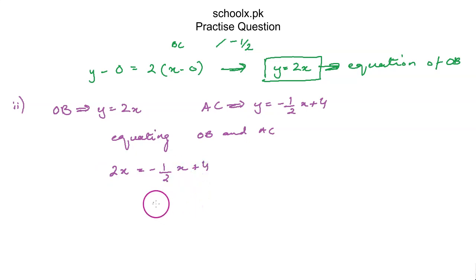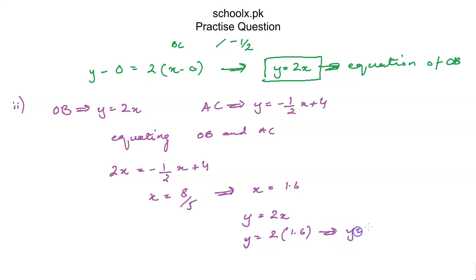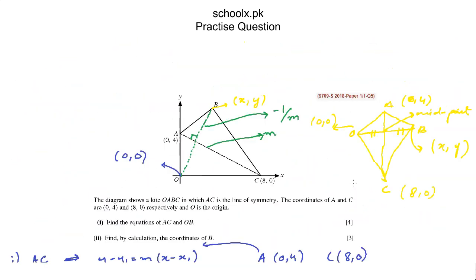Solving for x, we get x equals 8 by 5, which is 1.6. Now finding y, y equals 2 times 1.6, so y equals 3.2. So these are the midpoint coordinates of the line OB: 1.6 and 3.2.